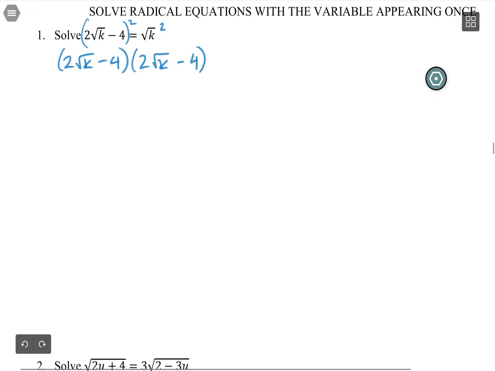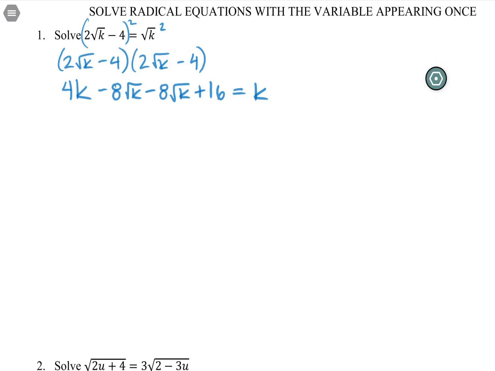And you're going to get 4 times k, and then outside is minus 8 root k, inside is another minus 8 root k, and last is plus 16. So we did get rid of the root on the 1k, but we still have roots on the other side.